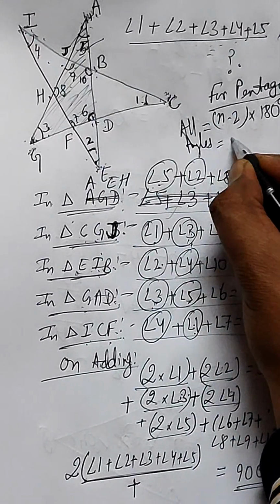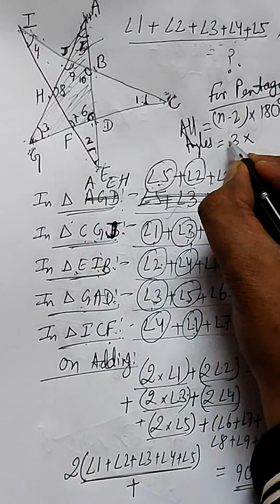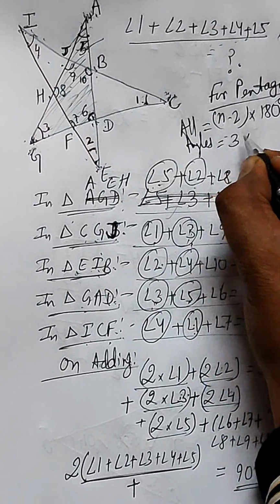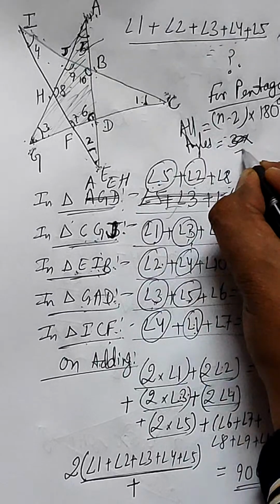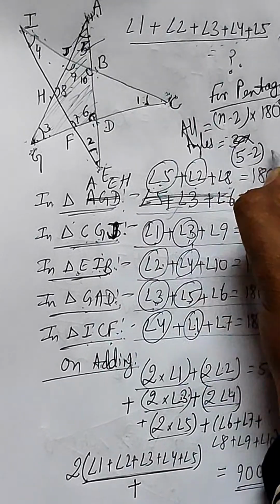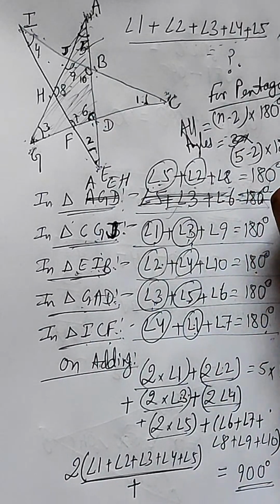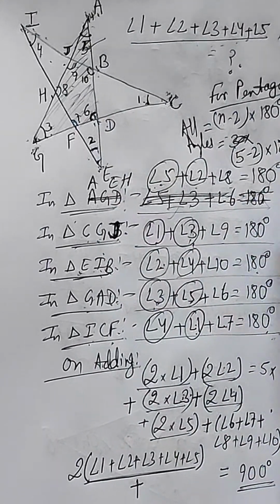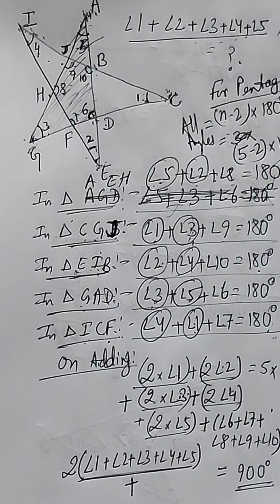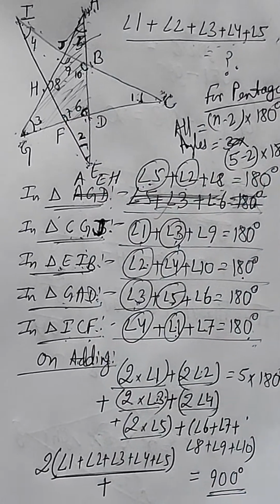So 5 minus 2 will be 3. So, let me mention it completely so that it will be clear: 5 minus 2 into 180 degrees. So 3 into 180 degrees is coming as 540 degrees. Right? Is it visible to you?